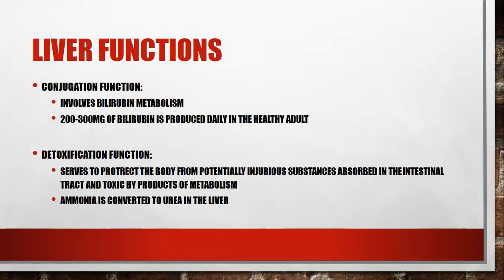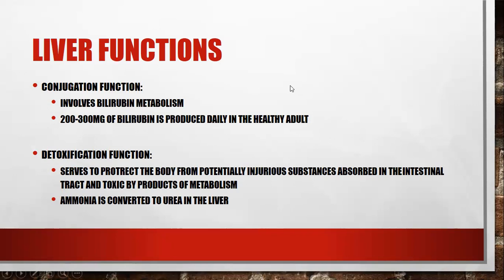Now, another function of your liver is that it is capable of conjugation. What does that mean? Conjugation would actually mean metabolism of your bilirubin. Normally, bilirubin is produced from hemoglobin metabolism. When you break down hemoglobin, particularly the heme component, it will be metabolized into the different fractions of bilirubin.